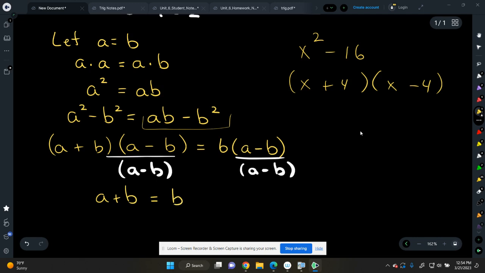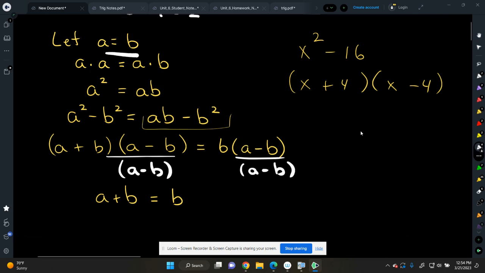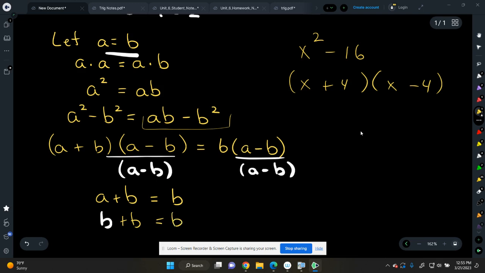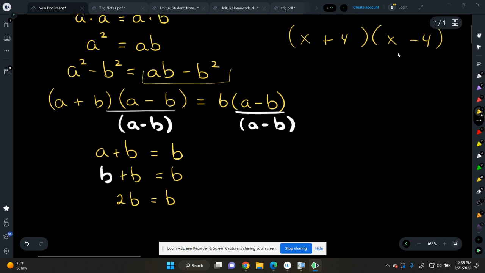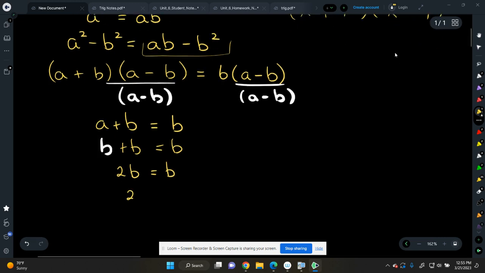All right. Well, in the beginning, I said A is equal to B. So I can rewrite this. Instead of A, I'm going to write it as B. B plus B equals B. Well, if B plus B equals B, that's 2B equals B, which means 2 is equal to 1.